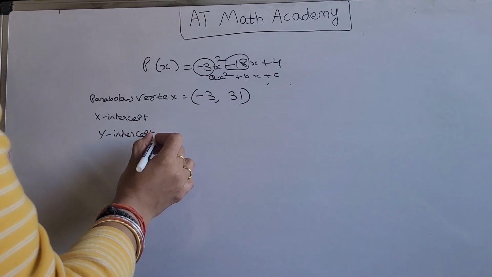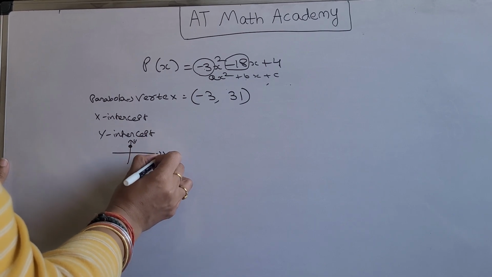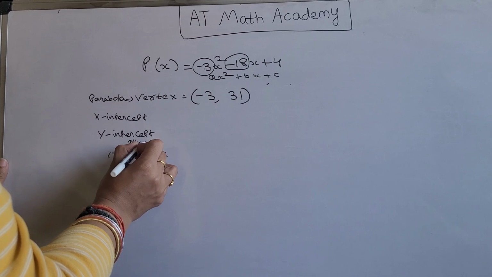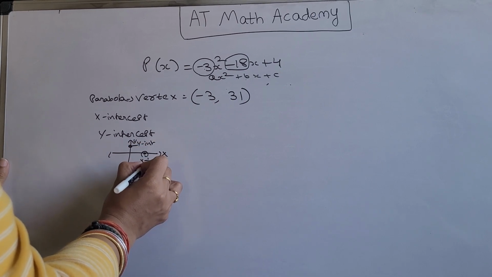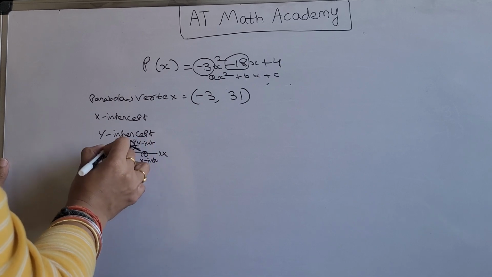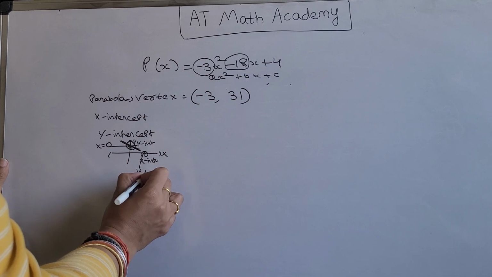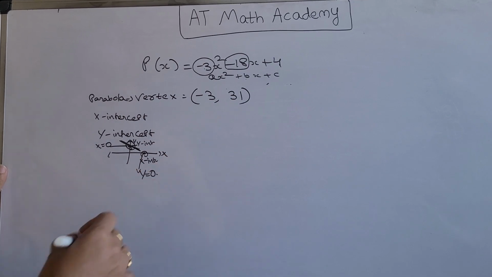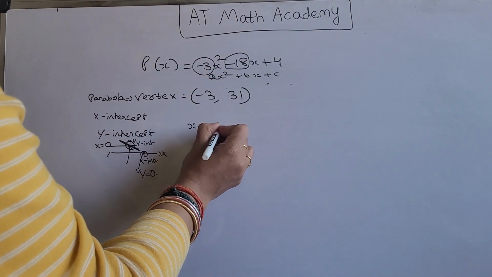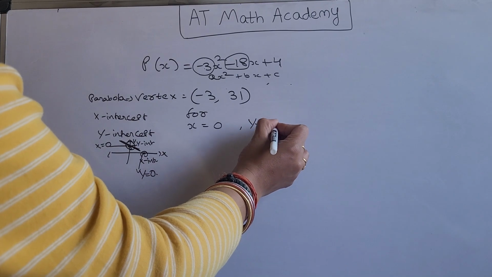The y-intercept means it is intersecting the y-axis, and the x-intercept means it is intersecting the x-axis. For the y-intercept the value of x is 0, and for the x-intercept the value of y is 0. So for x equal to 0 we can find out the y-intercept.